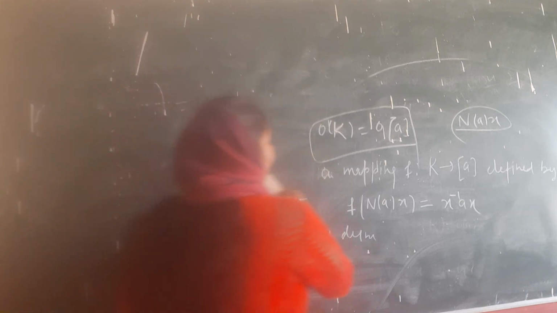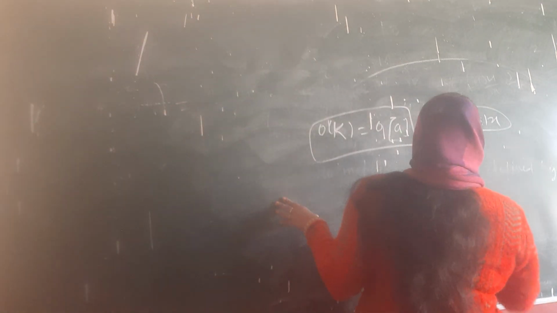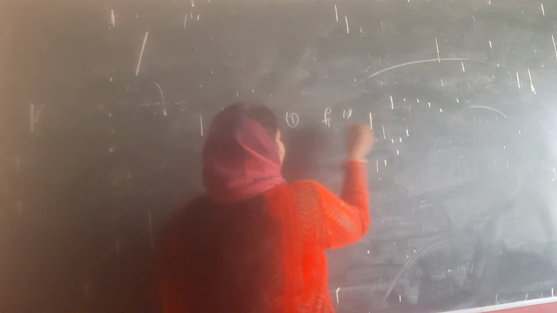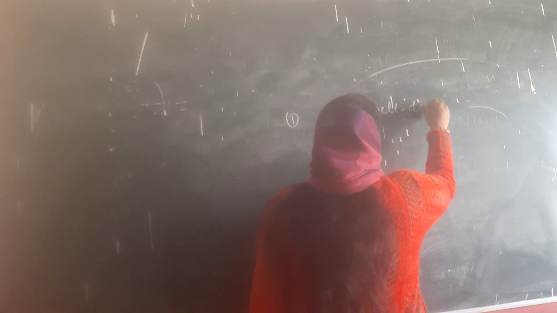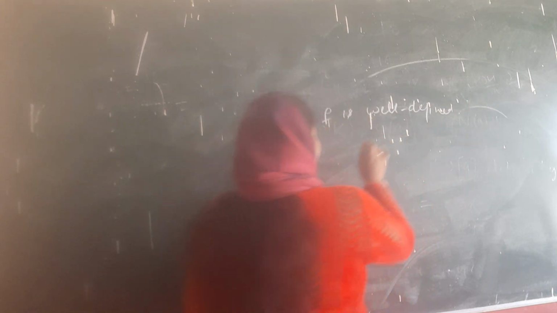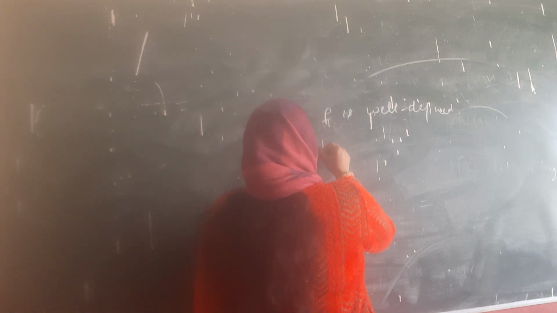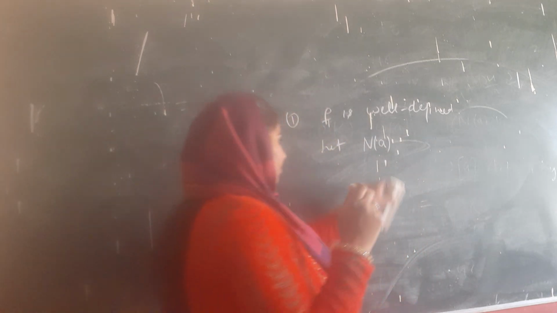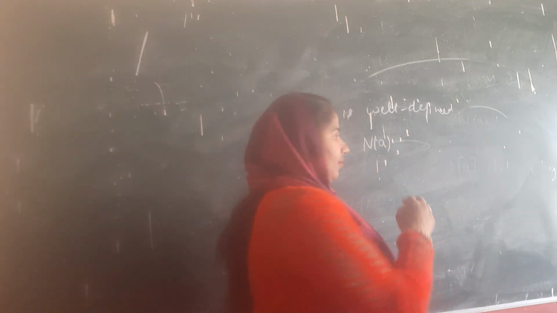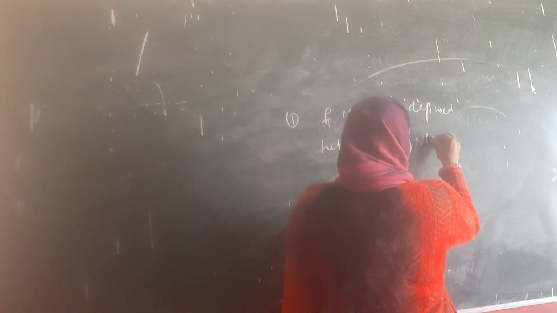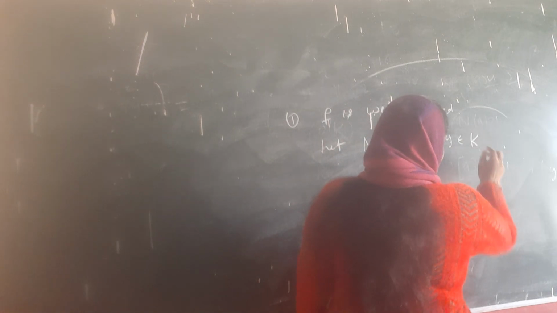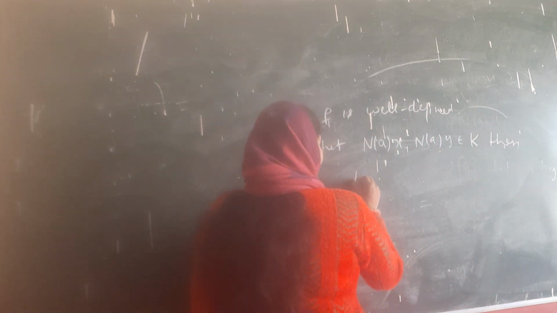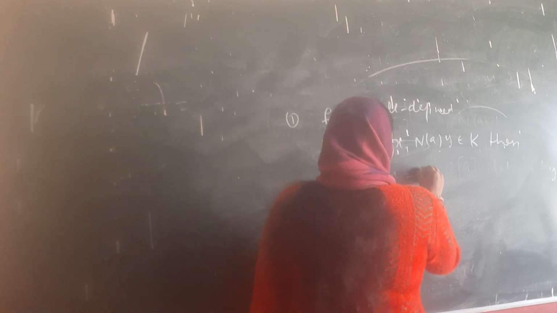First we prove that F is well defined. For this, let us consider two elements of K, N(A)x and N(A)y belongs to K. Then we have to take N(A)x is equal to N(A)y.